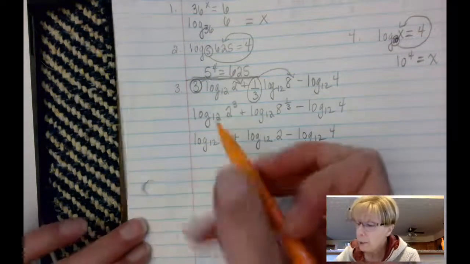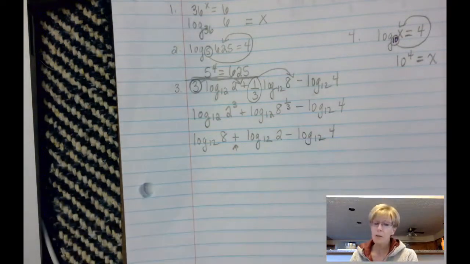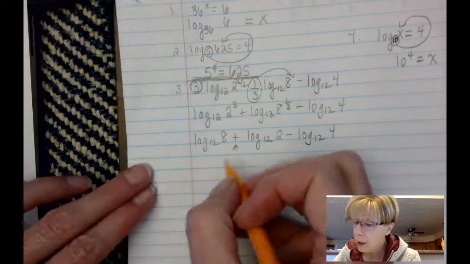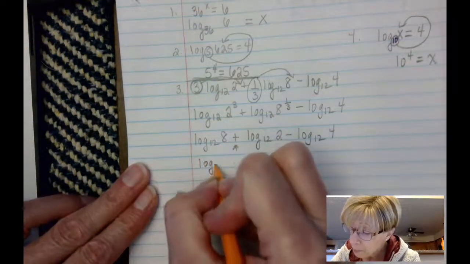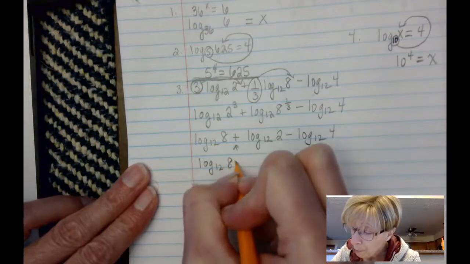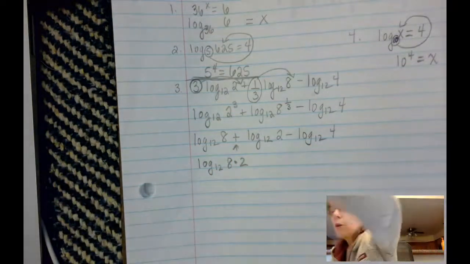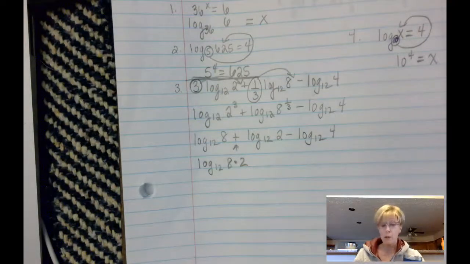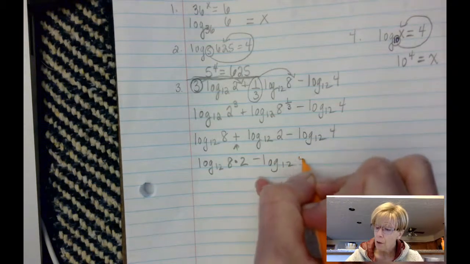But now what I'm looking at is this plus here. And this plus tells us, based on the logarithmic properties, that we can rewrite this expression as 8 times 2. Notice that I only wrote the logarithm once, the word logarithm. We still have the minus log base 12 of 4.